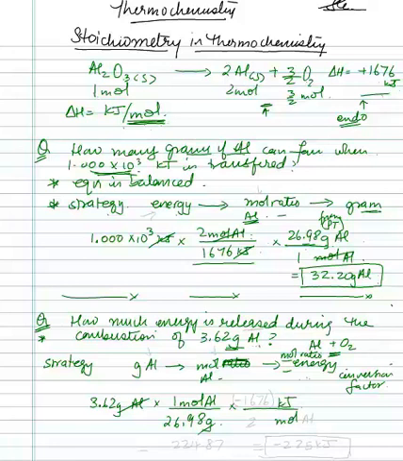From the equation, 2 moles of aluminum gives us 1676 kilojoules. But this is how much energy is being given out, and remember for us it's going to be released, which means we will change the sign to negative, because once you reverse the equation you also reverse the sign.